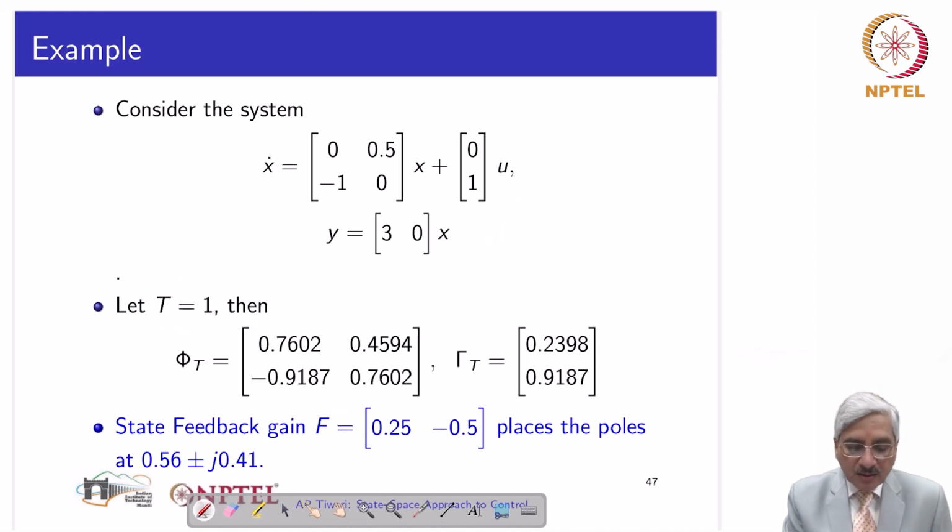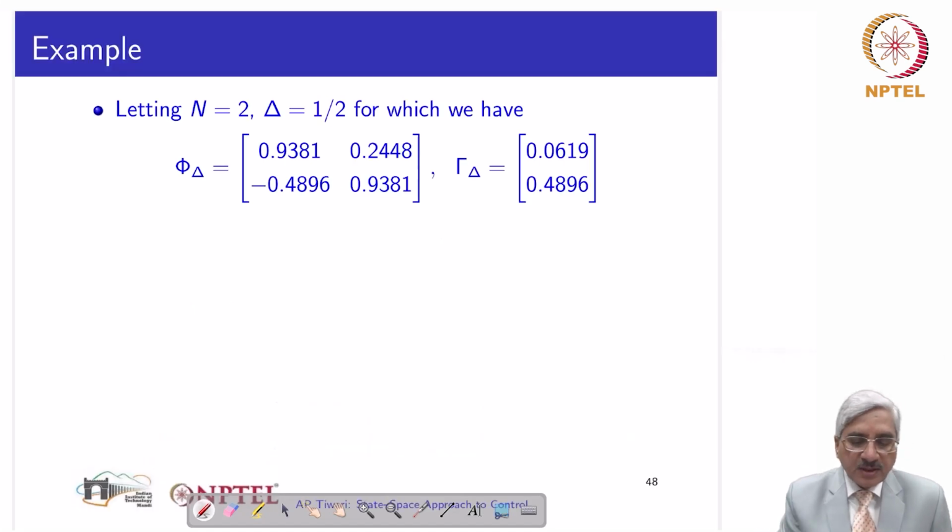And for this one, we can design some state feedback gain to obtain these pole locations, and we will have this F. This F will obtain these closed loop pole locations for this system, giving underdamped response.